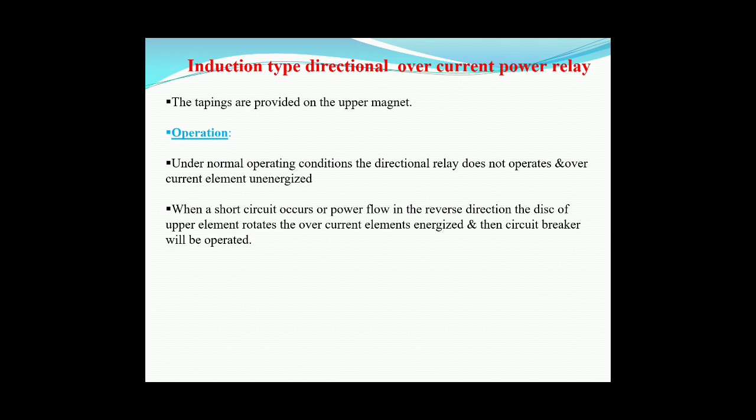The fixed contact then trips the circuit breaker, and it disconnects the faulty section of the circuit.